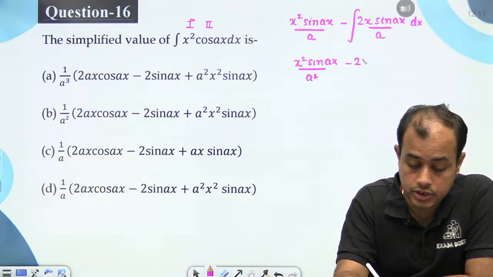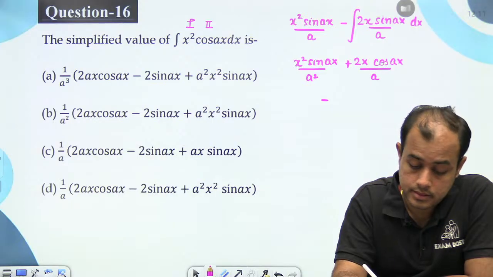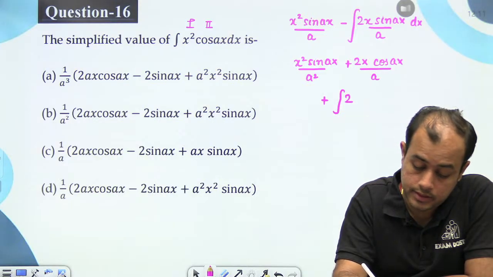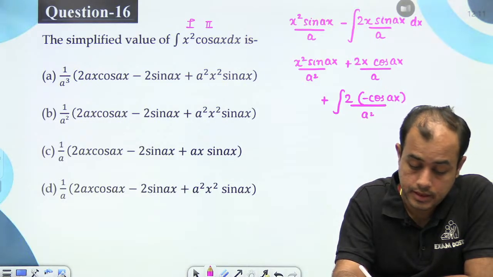Again, first function integration of second minus derivative of first integration of second integration.